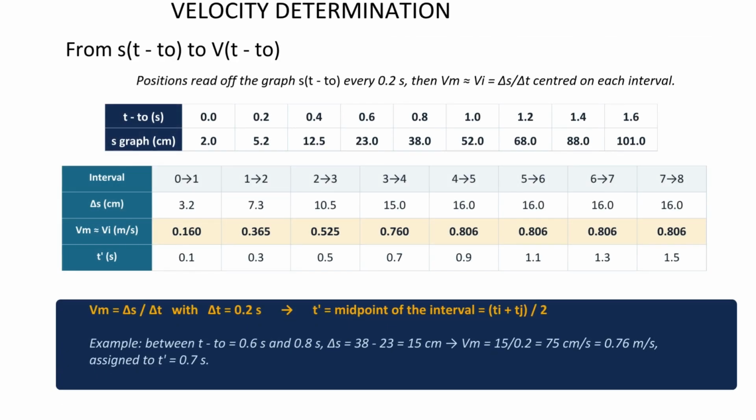This calculation table maps the computed midpoint velocities. We can clearly see the speed rising linearly on the incline until it levels off at exactly 0.8 meters per second.